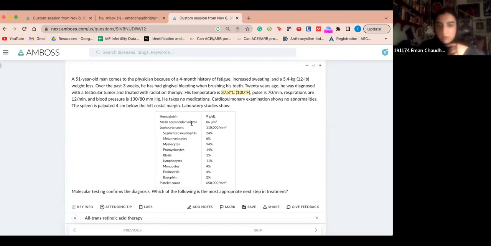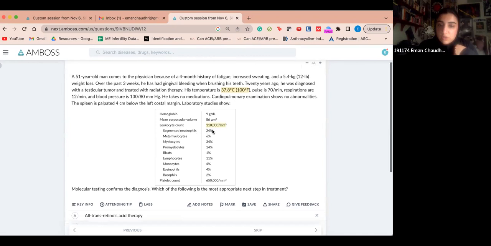Hemoglobin is 9, slightly low. Mean corpuscular volume is 86, somewhat normal. Leukocyte count is 110,000. That's a lot. Segmented neutrophils are 24%, metamyelocytes are 6%, myelocytes are 34%. So what do we say about myelocytes above 20%?